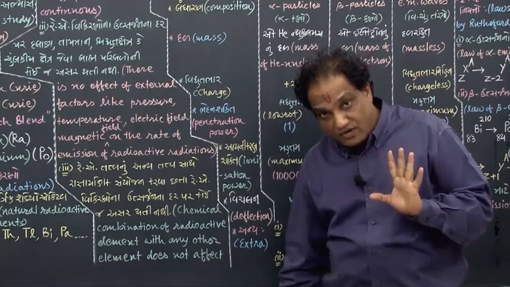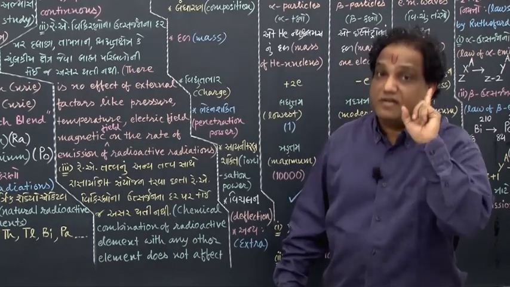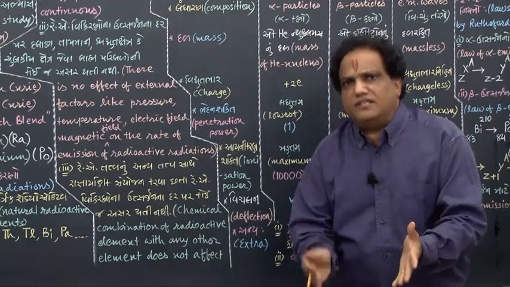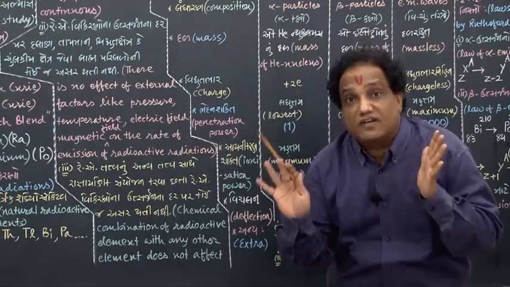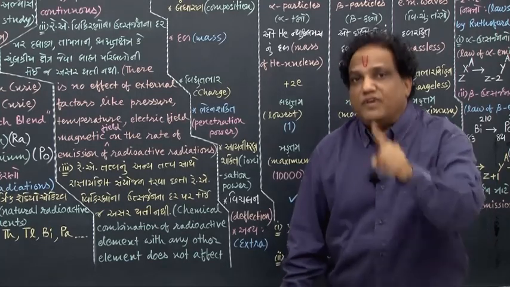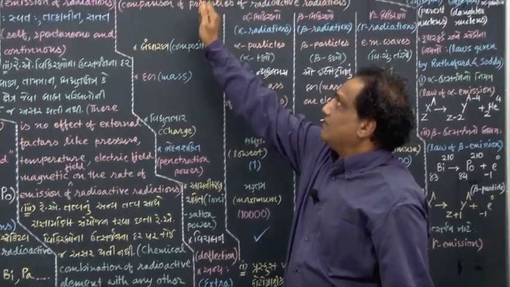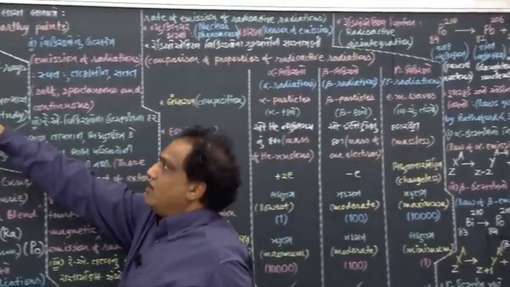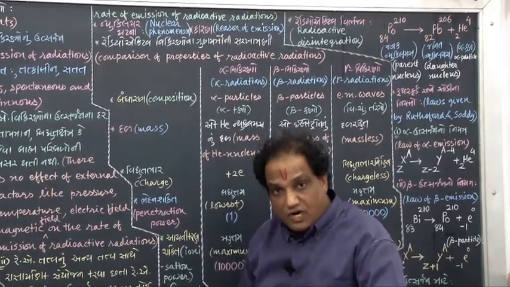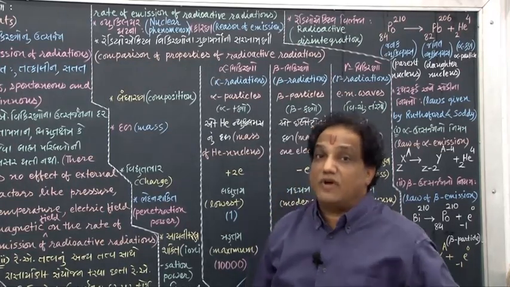And third, if no external factor can produce any effect on the rate of emission of radioactive radiations, we must say that these radiations are emitted from the nucleus. Because they are emitted from the nucleus, there is no effect of any external factor. So natural radioactivity is also called a nuclear phenomenon, because radioactive radiations are emitted from nuclei of atoms of radioactive elements.